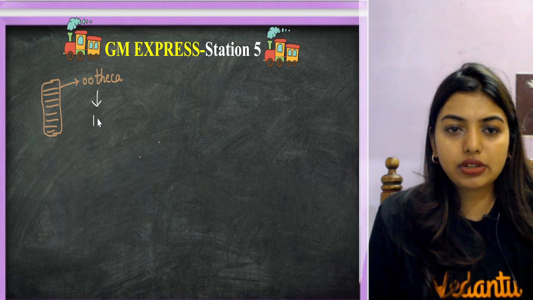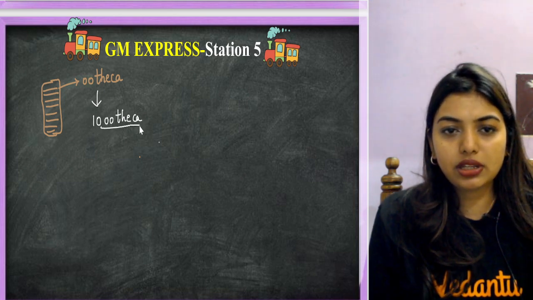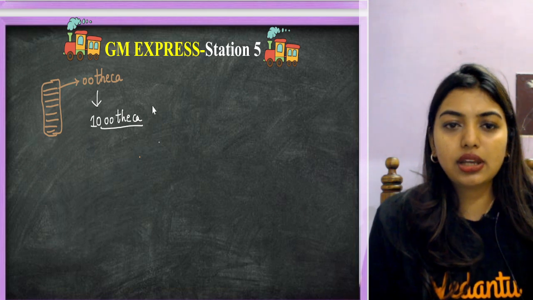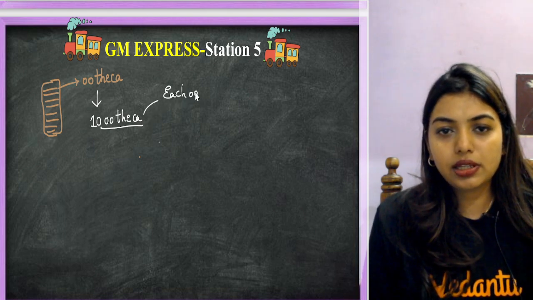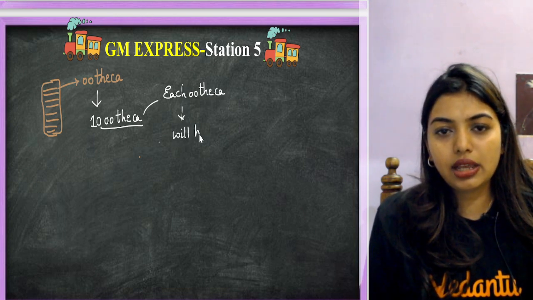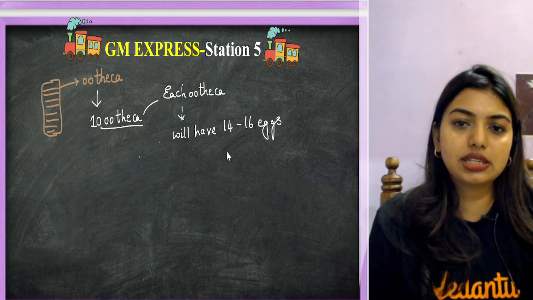They will lay around 10 utikas, and each utika will have 14 to 16 fertilized eggs.